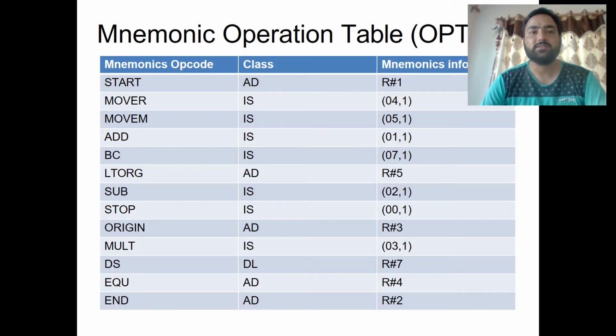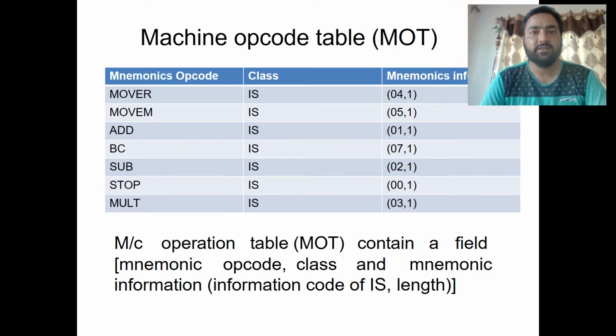So this is the structure of the mnemonic operation code table, which holds the mnemonic opcode, its class, and its other information. For example, START is the opcode, its class is AD, and the mnemonic information is R-1, just like this. Then comes the machine opcode table. It contains, as we have discussed, the fields mnemonic opcode, class, and mnemonic information.